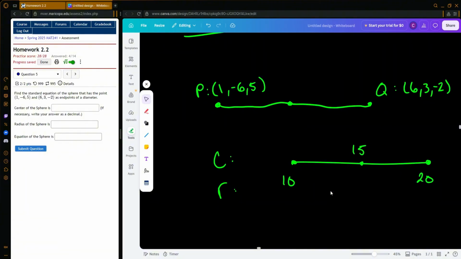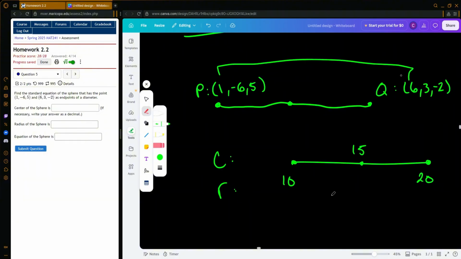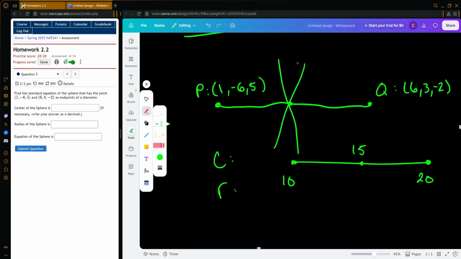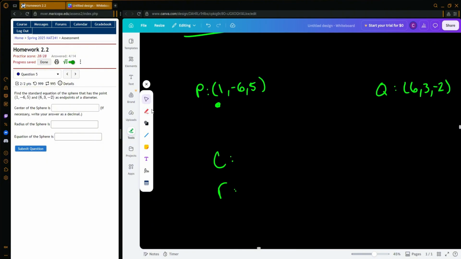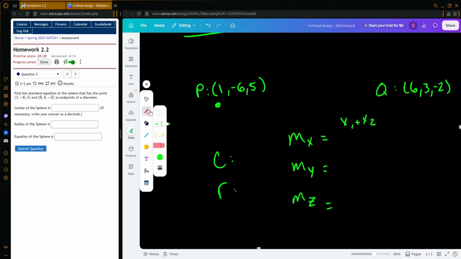So the midpoint here would be take the midpoint of the x coordinates, the midpoint of the y coordinates, and the midpoint of the z coordinates, which would give us the center of our sphere. So I'll note over here the midpoint for x, y, and z will just be x1 plus x2 over 2, y1 plus y2 over 2, and so on. Okay, so we'll start doing that then.